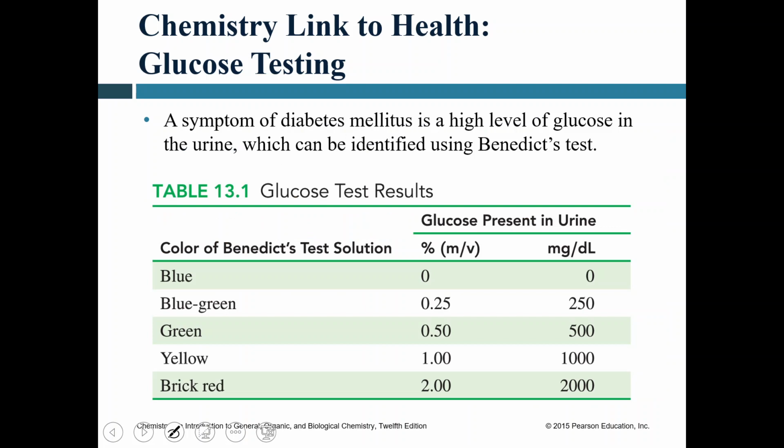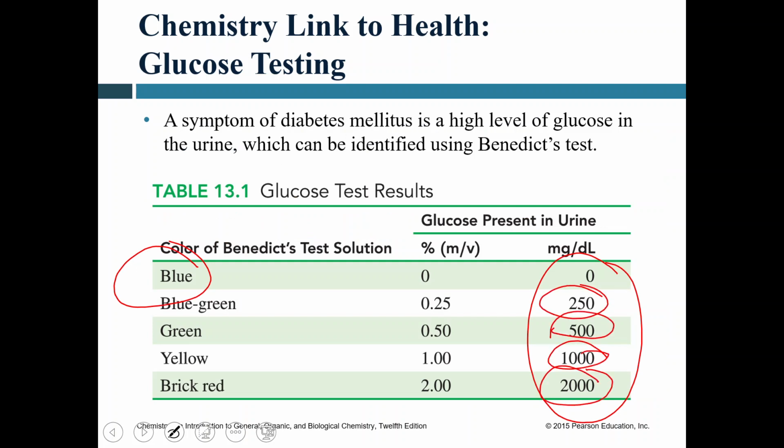One of the symptoms of diabetes mellitus is a high level of glucose in the patient's urine, and that can be identified using Benedict's test. Here it shows you the mass per volume concentration of glucose, milligrams per deciliter. If there is no glucose, Benedict's test solution is blue. If it's elevated, it turns blue-green, then yellow, then brick red.